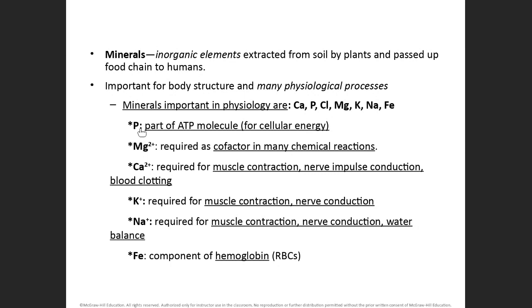The first one is phosphorus or phosphate. This is part of a molecule known as ATP. Phosphorus has a lot of roles in the body, but physiologically the most important role for phosphate or phosphorus is the fact that it makes up this very important ATP molecule.